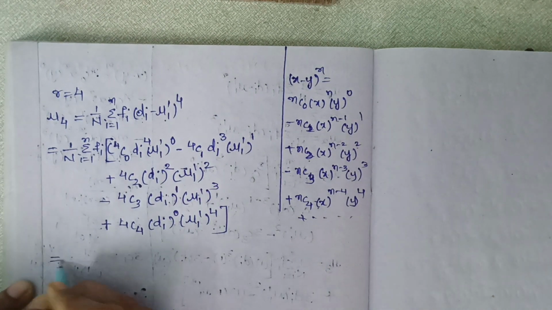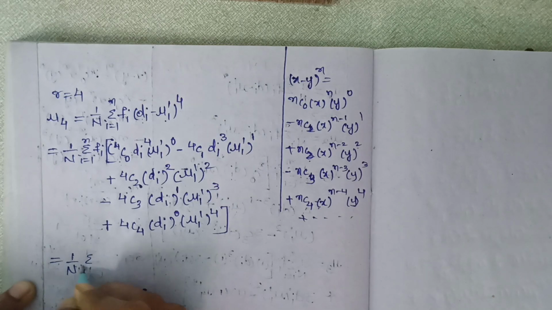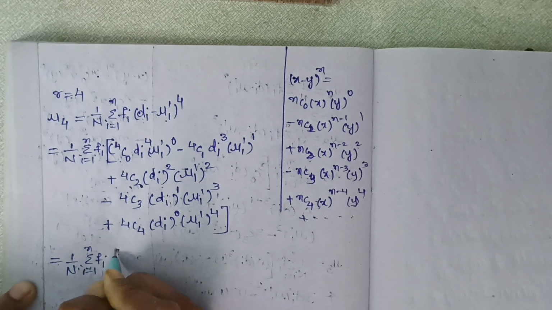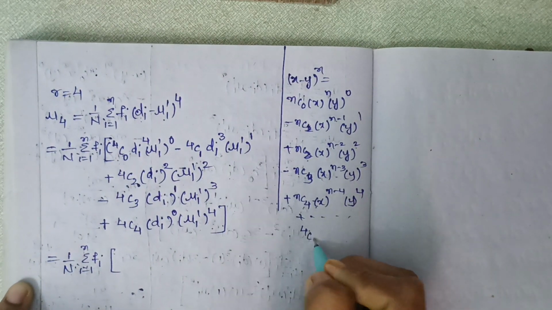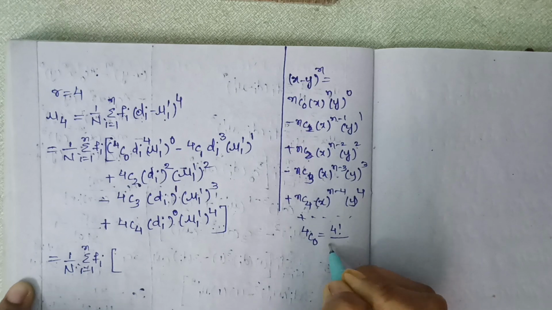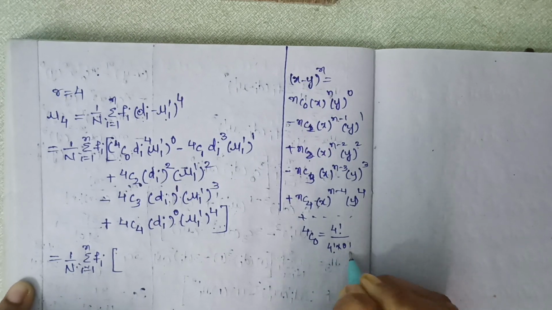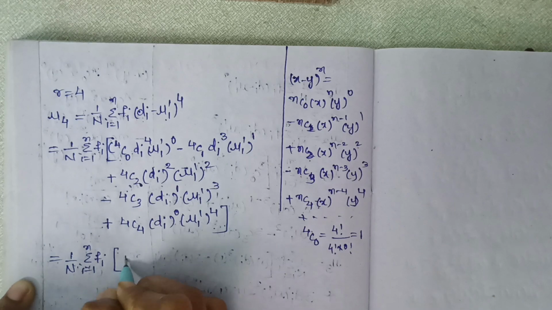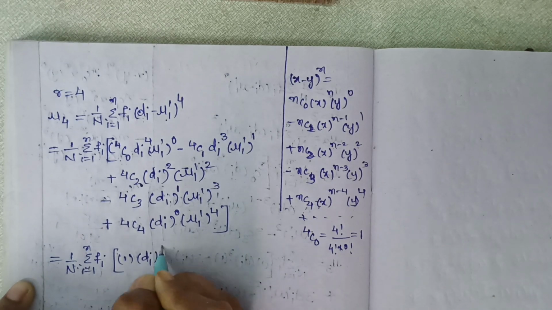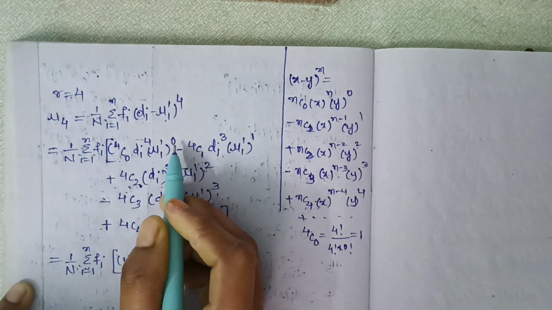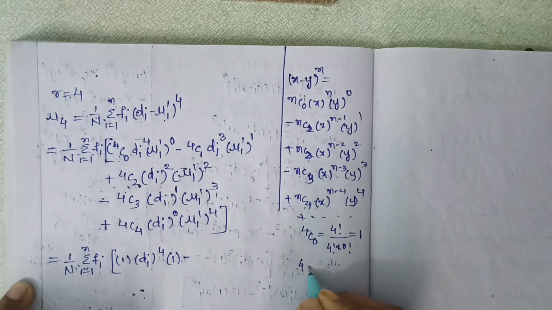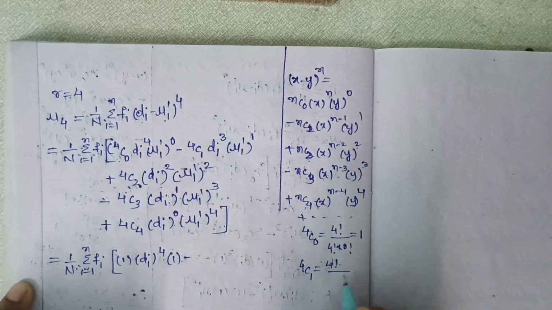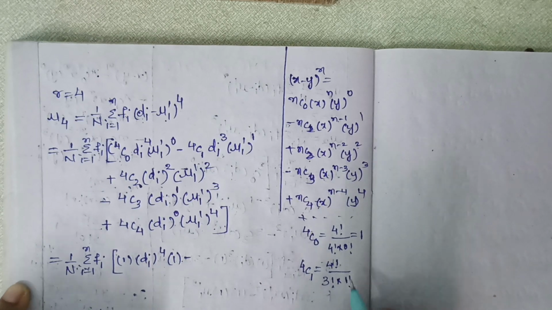Now see here, 1/n summation i = 1 to n fi, 4C0 which is nothing but 4 factorial by (4 − 0) factorial, which is 4 factorial into 0 factorial. We get 1. Therefore 1 and di to the power of 4, μ1' anything to the power of 0 is 1. So 1 minus 4C1. 4C1 is 4 factorial by (4 − 1) factorial, 3 factorial, into 1 factorial.